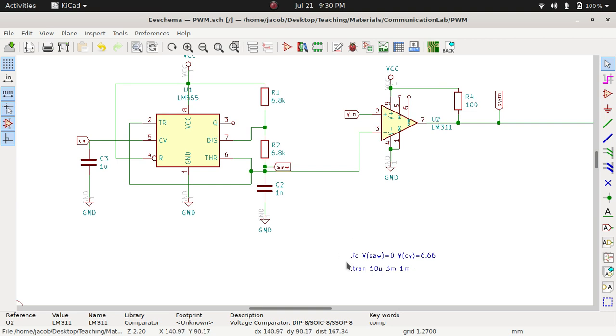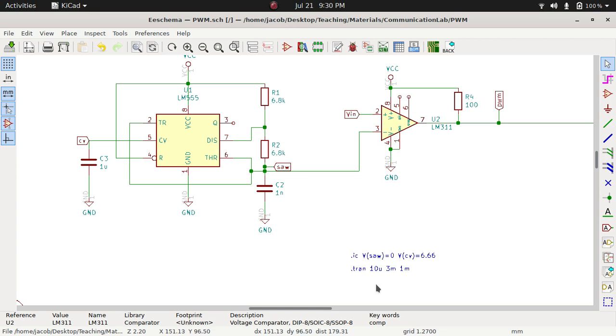This is required especially for this node, because otherwise the simulation may not settle within a reasonable amount of time. And then I have the simulation directive: I need a transient simulation with 10 microsecond steps, where the stop time is 3 milliseconds and the start time is 1 millisecond.